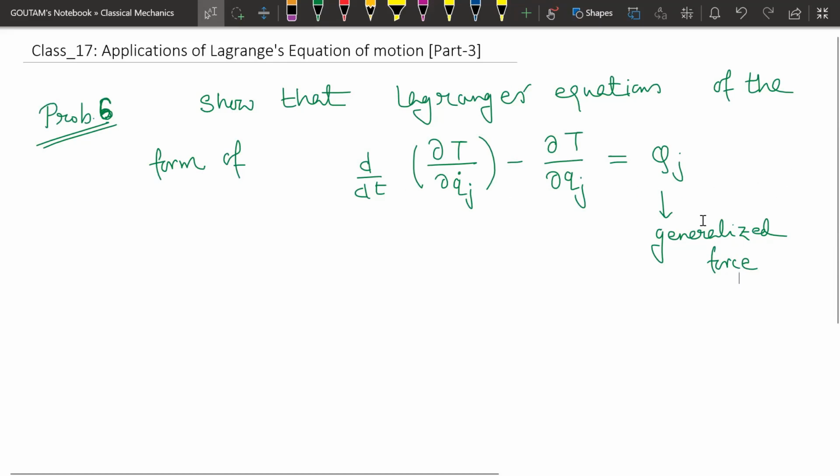So we already saw that Lagrange's equation can also be written in this form.